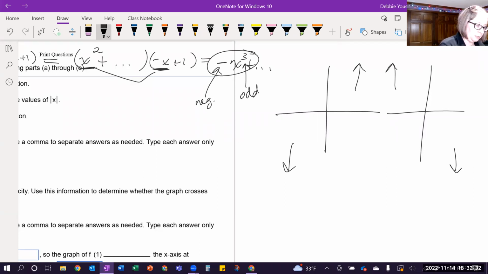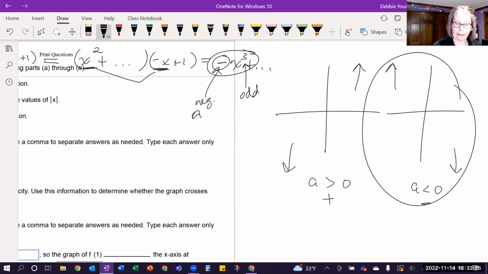Well, this value in front is called A. If A is greater than 0, in other words, it's positive, it's going to be down and then up, like x cubed. And if A is less than 0, meaning it's negative, then it's going to be the reverse. It's going to be up and then down, like negative x cubed. So it's going to be like this one on the right.